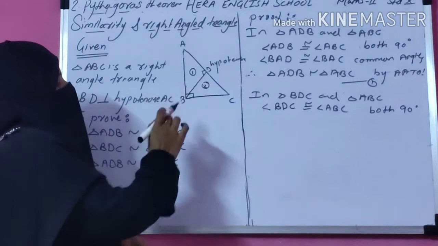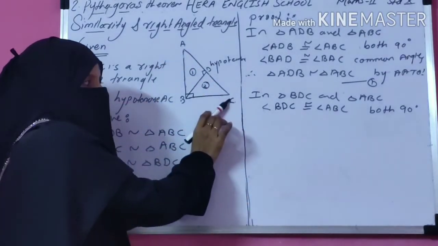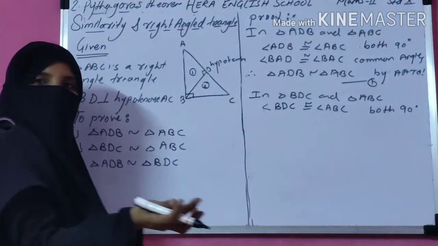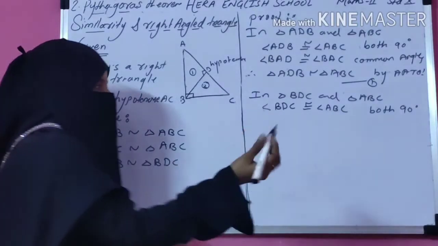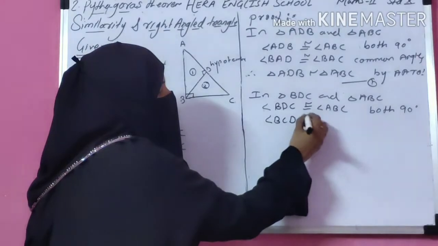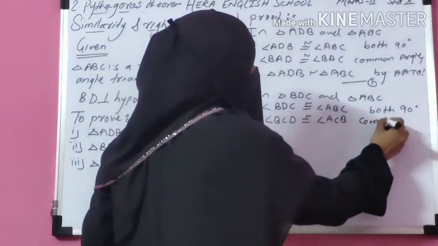Now see once more, in triangle BDC and triangle ABC, angle C is common in both the triangles. So you can write here angle BCD is congruent to angle ACB, common angle.